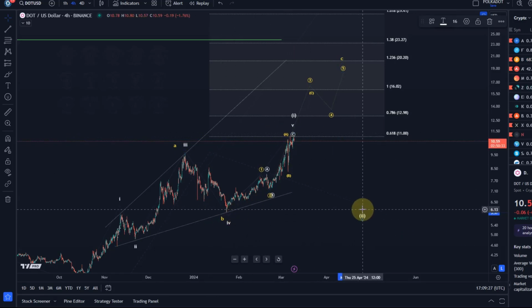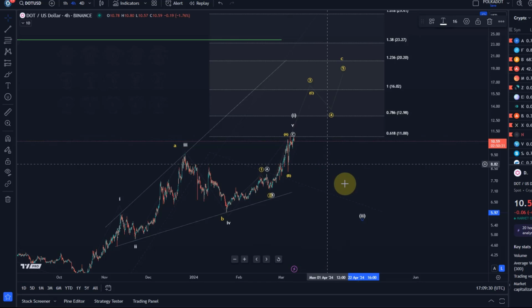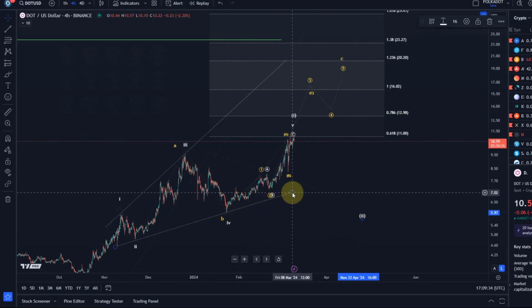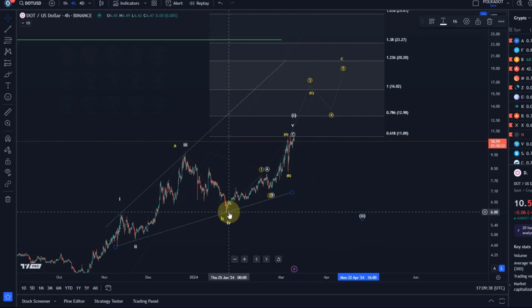It's a corrective pattern, an ABC structure, and it's often the case that wave 2 reaches the area around a previous wave 4 swing low. So we're talking about roughly $6.